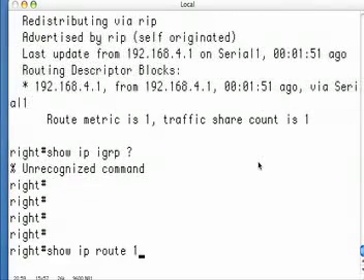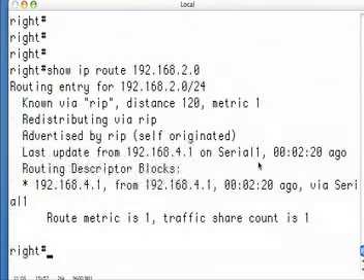Show IP route 192.168.2.0. That route should be redistributed via IGRP. What's interesting is, actually, I'm sorry, we're only getting that via RIP. We're not running IGRP here, so we're not getting any IGRP routes.